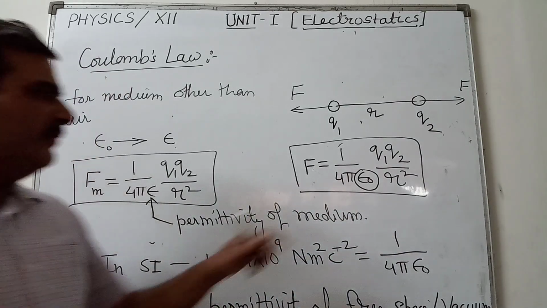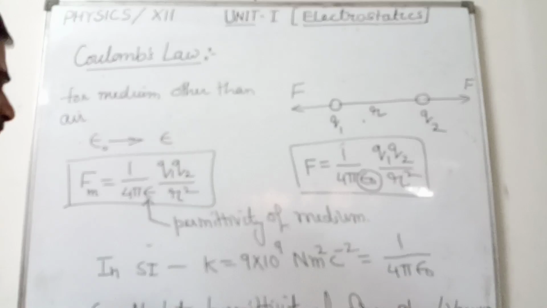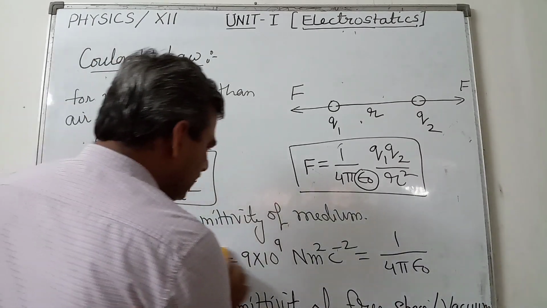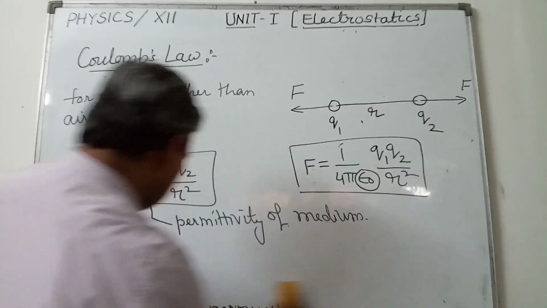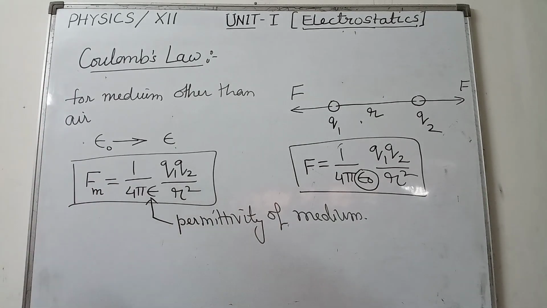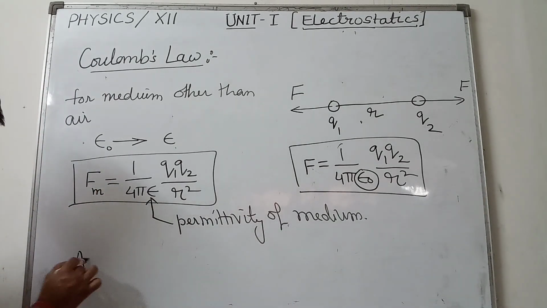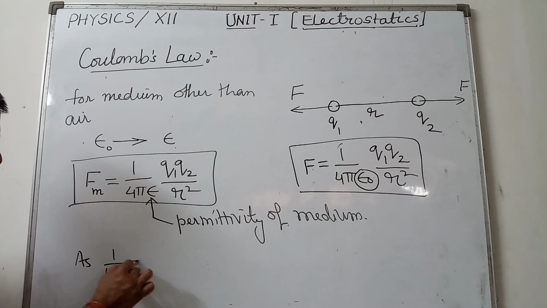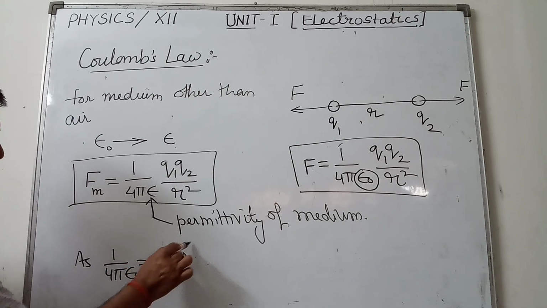We can also get the value of this epsilon naught from simple calculations, as 1 over 4 pi epsilon naught is equal to 9 into 10 power 9.